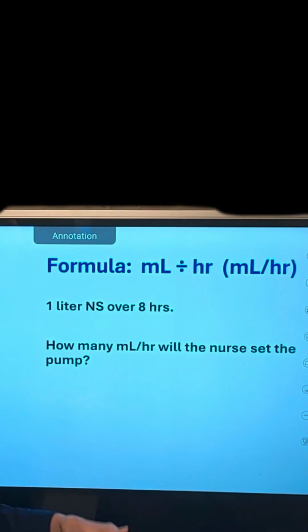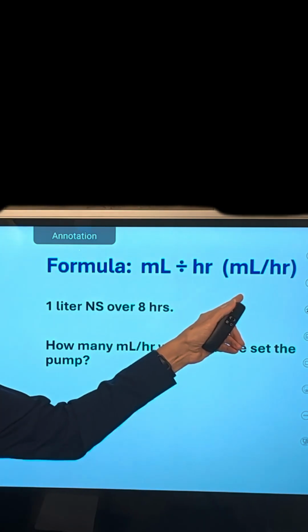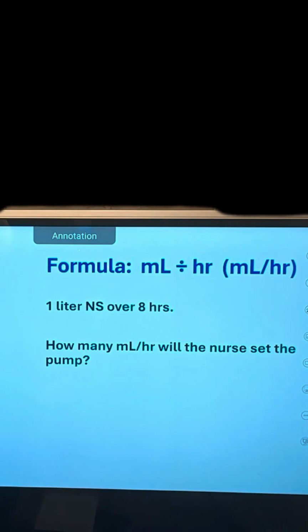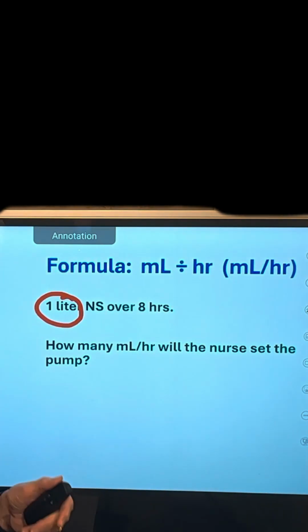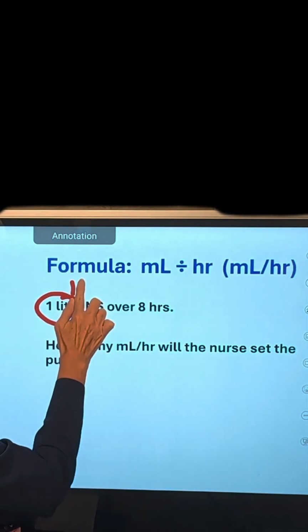Okay, the next question says 1 liter of normal saline over 8 hours. How many milliliters an hour will the nurse infuse? Now, this is a little bit different because I need to know how many milliliters you have, because this is milliliters an hour, and that's what the question is asking me. So I know that 1 liter is the same thing as 1,000 milliliters.